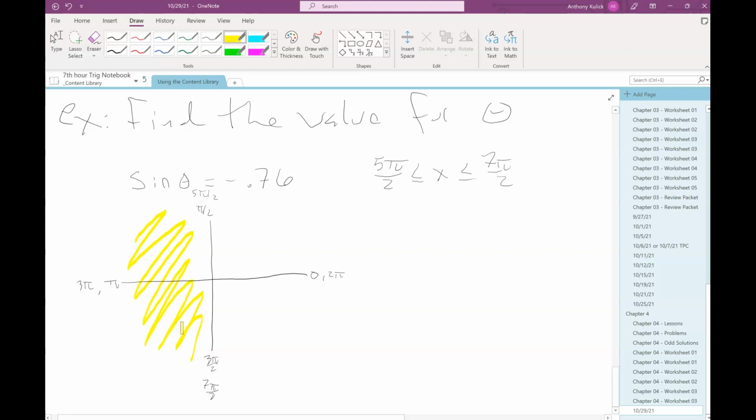Everybody's good with that? So using all silly turtles crawl, which quadrant should sine theta equal negative 0.76 be in? You said negative sine? Yep, third, right? Yep. So there's my theta. Notice I went around more than once. Makes sense?